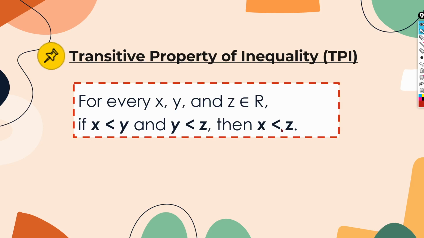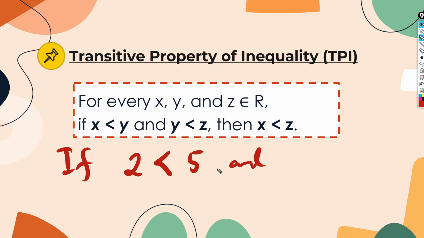Kumbaga, if we use real numbers here, look, I know that 2 is less than 5. Tama? So, if 2 is less than 5, and let's use the 5, 5 is less than something else, let's say 11. Obviously, I see now that I can compare, because my two inequalities have the 5 in common, I can compare the 2 and the 11.